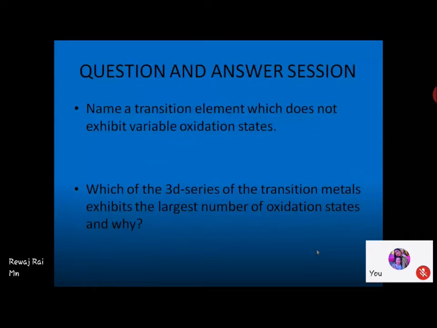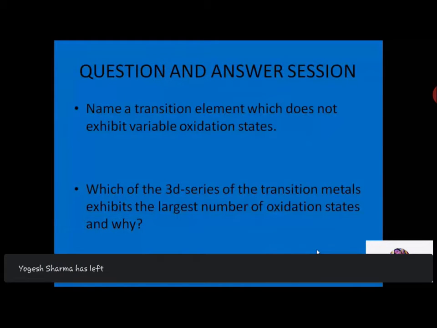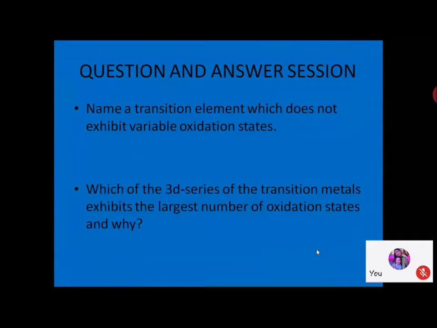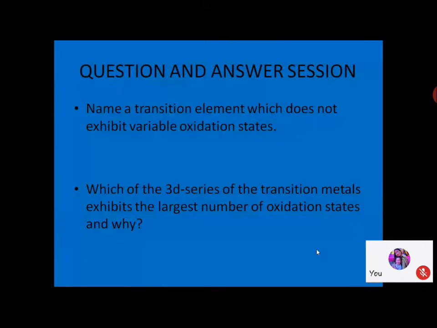And the answer is manganese. Scandium, titanium, vanadium, chromium, manganese. So manganese shows the largest number of oxidation states, and the reason is the maximum number of unpaired electrons.